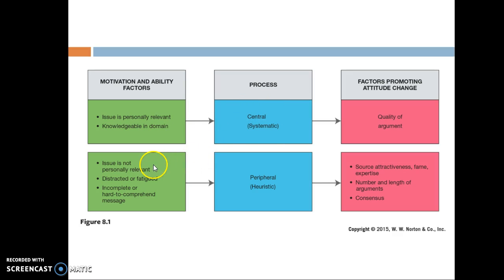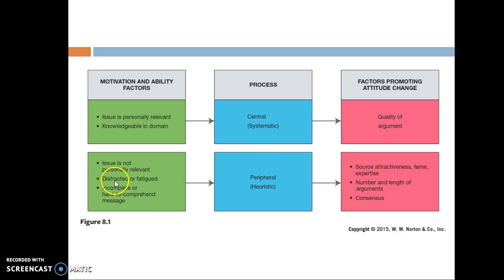If the issue is not relevant, it tends more likely to be influenced by peripheral heuristic cues. If the listener is knowledgeable on the subject, then they're more likely to mentally process the information, so it's more likely to go through the central route.